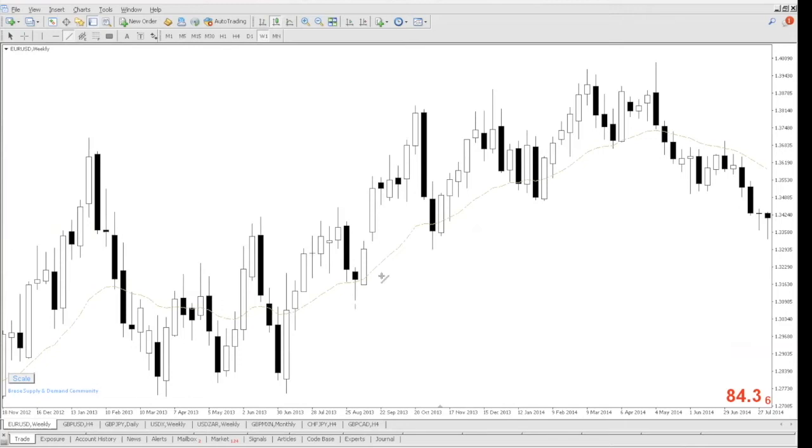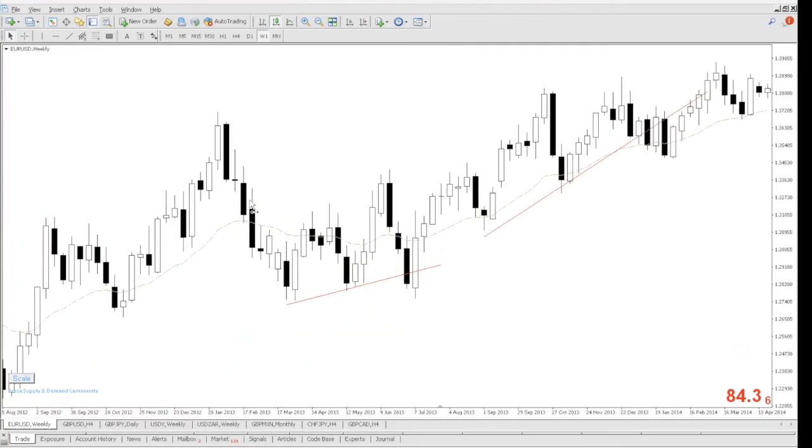Look, this valley here, price dropped. Still here, another valley here, it crossed the trend line, dropped. Another valley here, look, it crossed the trend line, dropped.